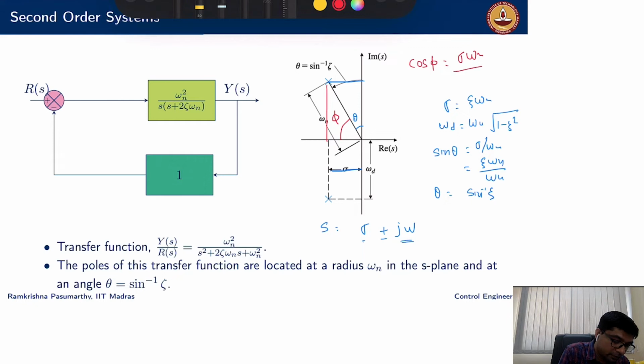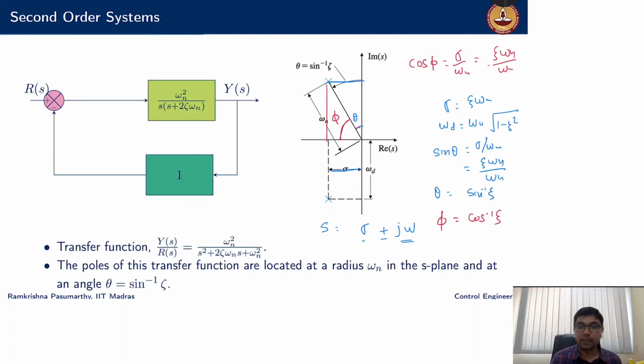Sigma is zeta omega n, so cos of phi is zeta omega n over omega n. So I can also call this angle phi as cos inverse of zeta. So you can either use this or this. Books use that interchangeably, and both will lead to the same interpretation.